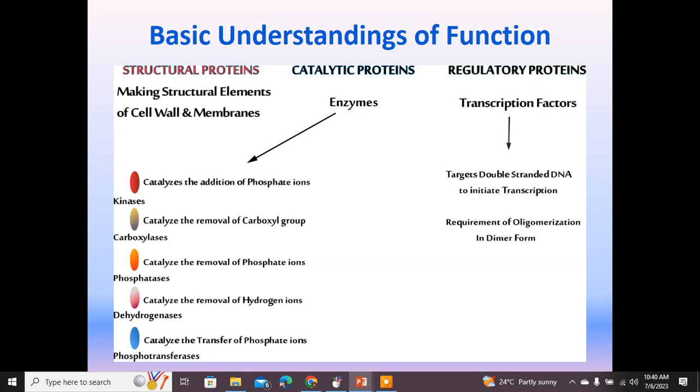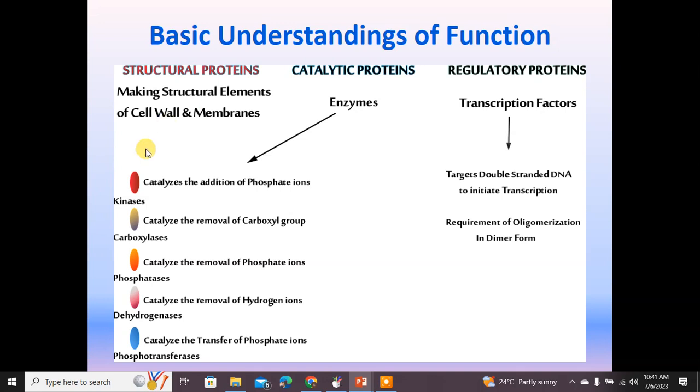Now what is kinase activity? In kinase activity, this enzyme will take a phosphate ion from somewhere, let's say from ATP, and give it to some other substrate. This is a kinase activity. The second, for example, if you are reading a name like protein A carboxylase, it catalyzes the removal of the carboxyl group. So a carboxylase will always remove the carboxyl group from any substrate.